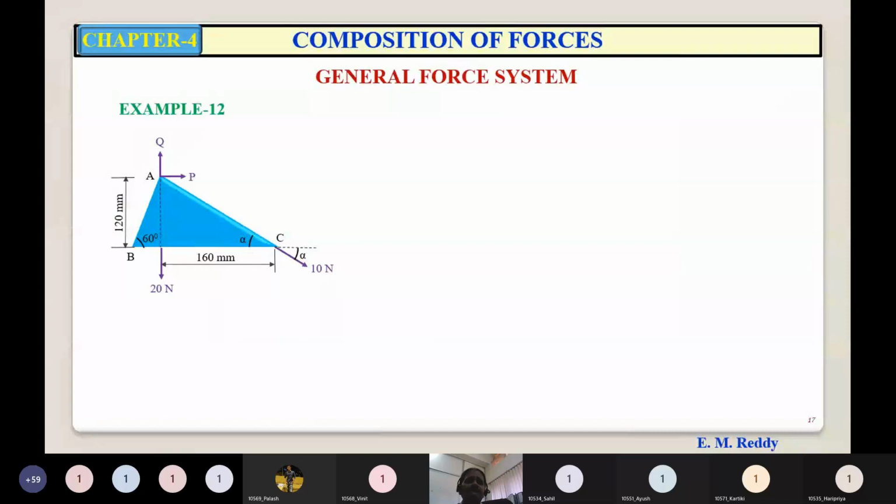So this is the given figure. So it is angle alpha.